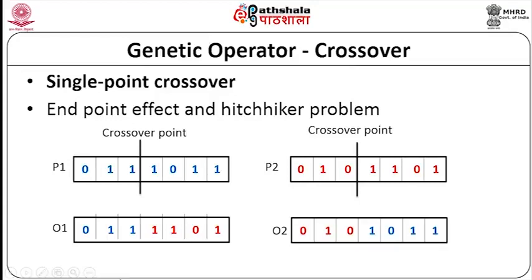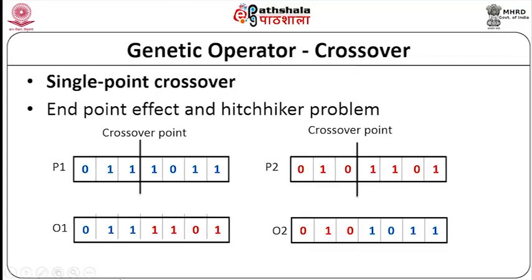So, how are these offspring formed? From two parents you form two children, or two offspring, in the next generation. So, how do we form this? Before the crossover point, the first offspring inherits all the bits as they are from the first parent.